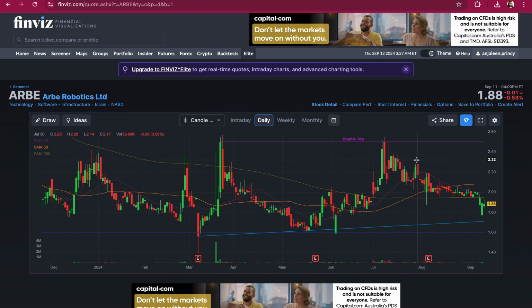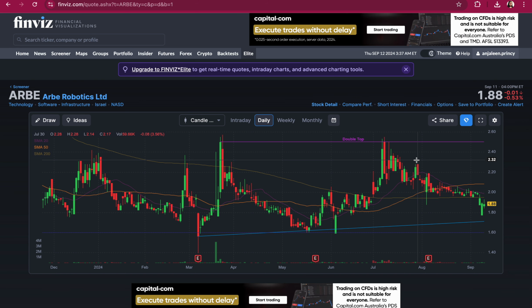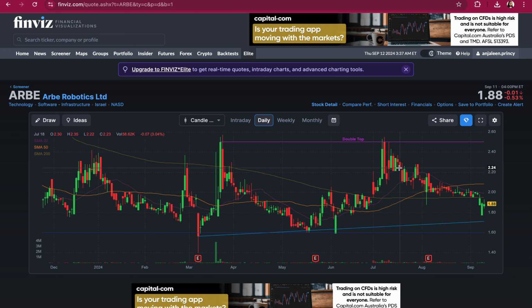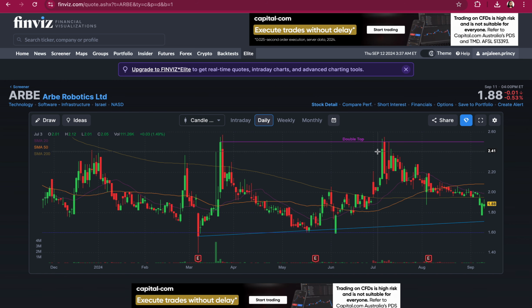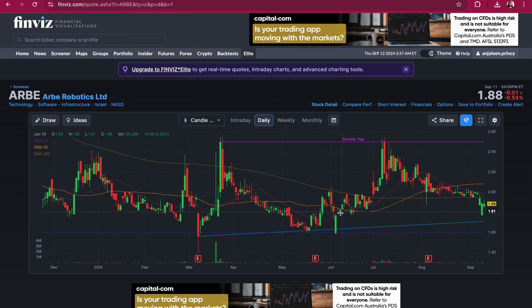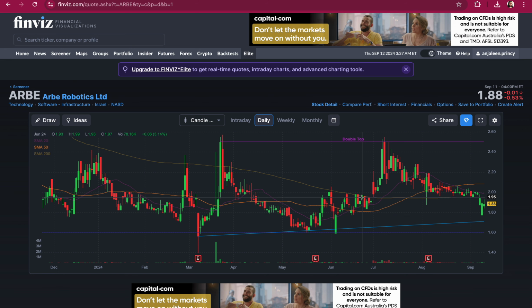And also when you're looking at a double top or a double bottom or multiple top, this pattern is more powerful as per my tutor. It's more powerful on a short duration. Let's say you are looking at a chart for the day. Let's say these candlesticks represent a day.